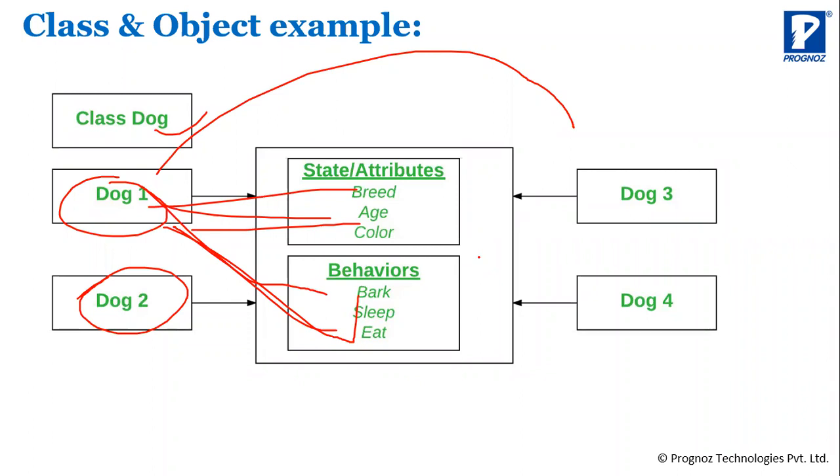You have two hands, I also have two hands, but we are different objects. The same way, every object has the same state and the same behavior, but their values will be different. Dog1 has one value, dog2 has a different value, dog3 and dog4 have different values.